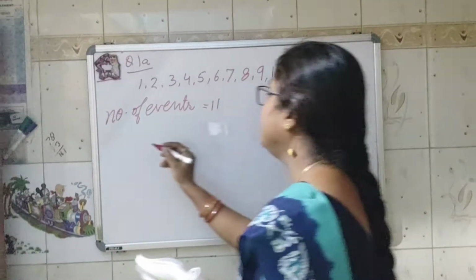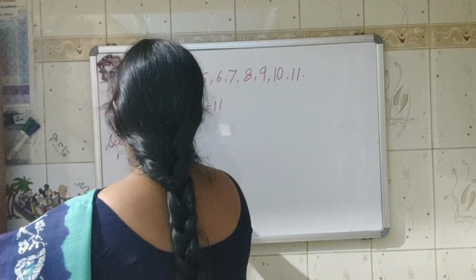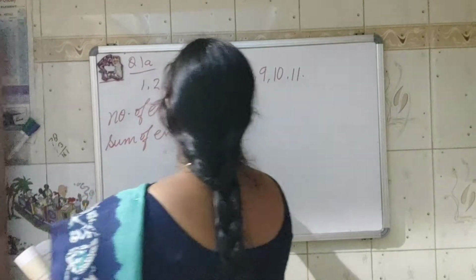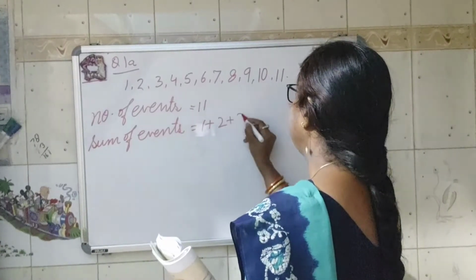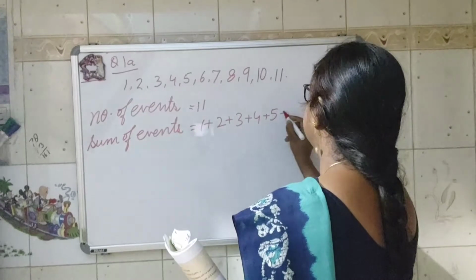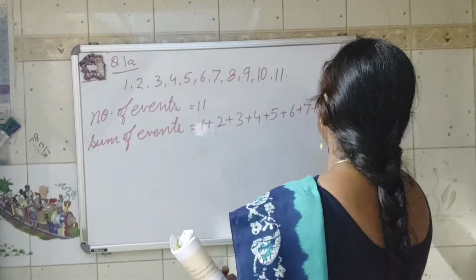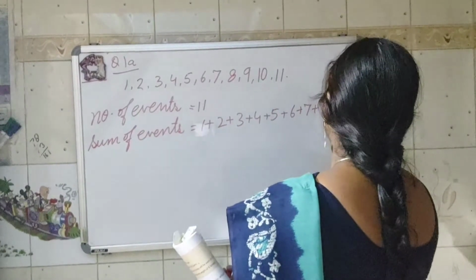Now sum of events is equal to 1 plus 2 plus 3 plus 4 plus 5 plus 6 plus 7 plus 8 plus 9 plus 10 plus 11.